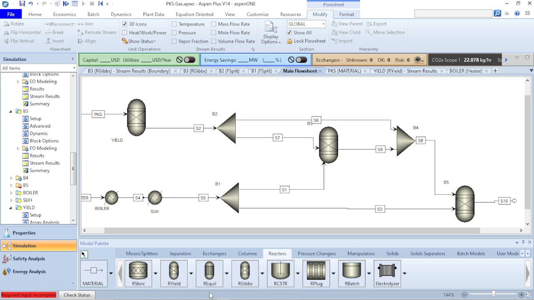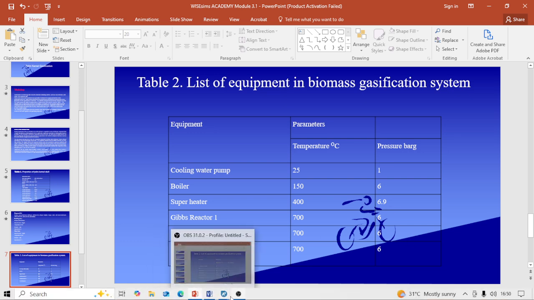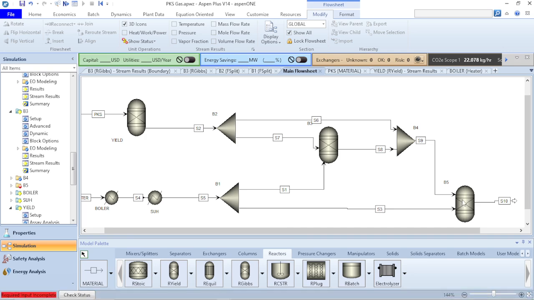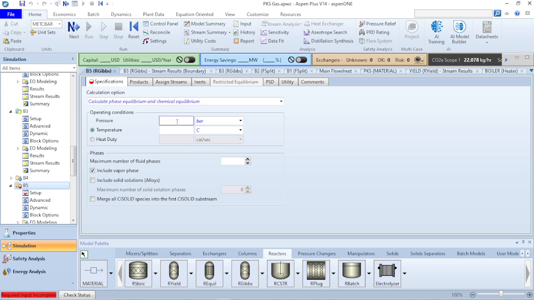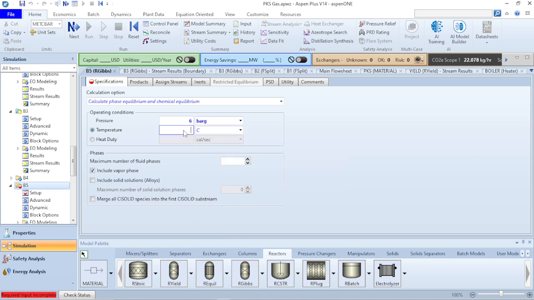Let's check what this is operating at. The second one is operating at 700 Celsius, 6 bar, so just make use of it. So 6, 700.